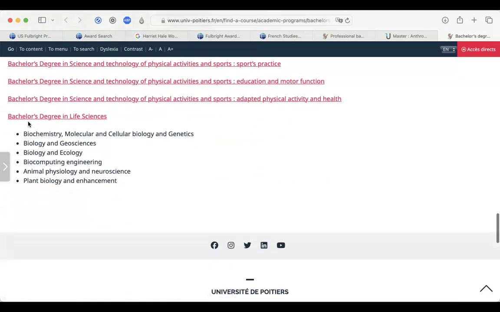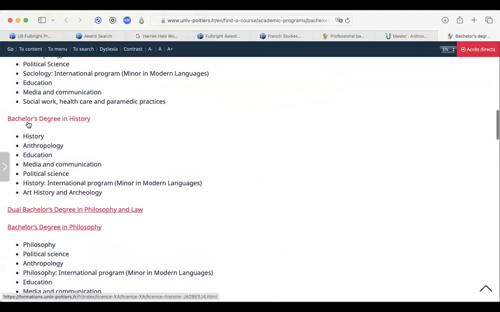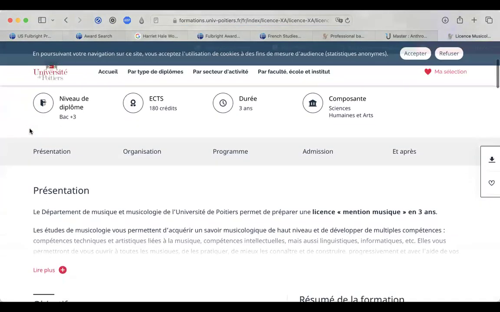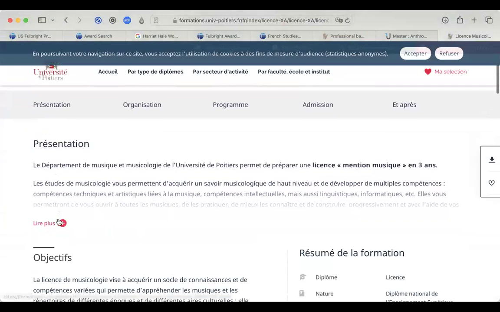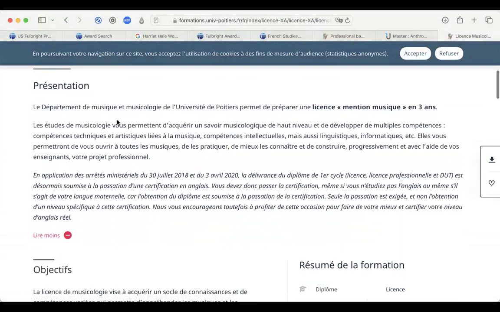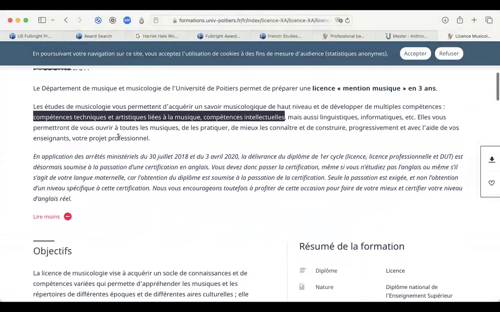And if we were to now zero in on, let's say, that musicology program, we see it's a 3-year program, and that among other things, technical and artistic competencies is communication.